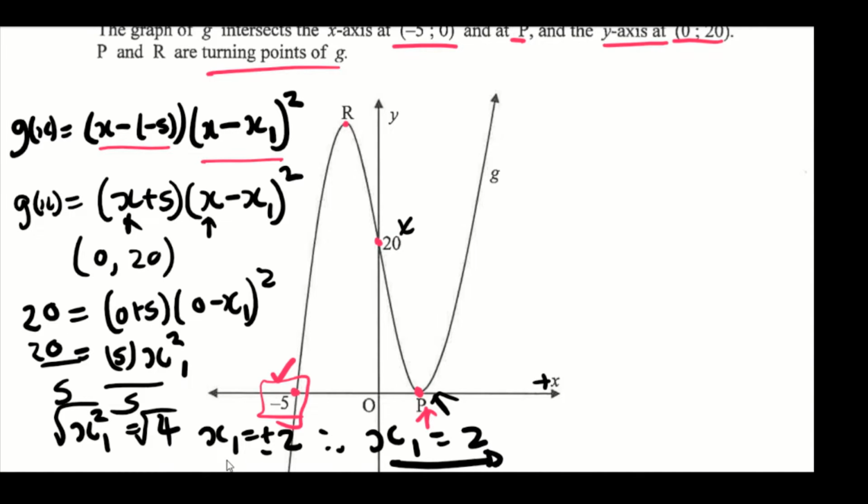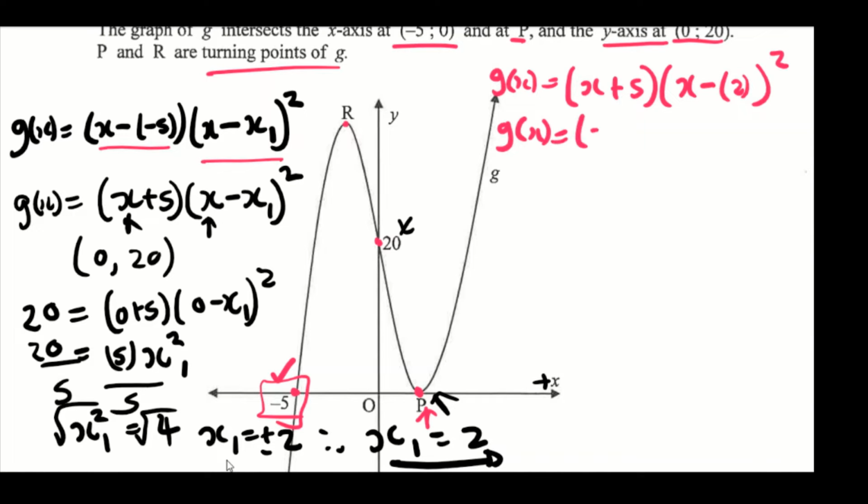So we now have our x1, so we can simply write our function. g of x equals x plus 5 and x minus our x1, which is positive 2. So we write positive 2, and then close the bracket and put the square there. So g of x equals x plus 5 and x minus 2 squared, right?